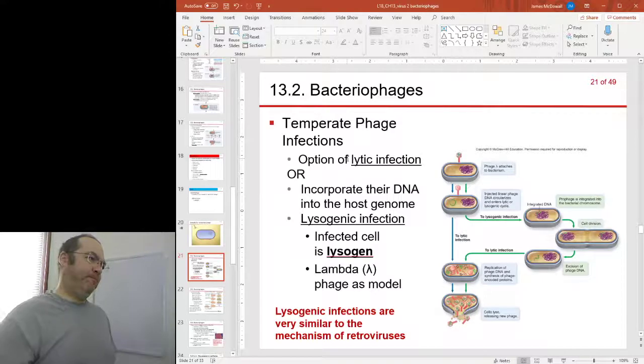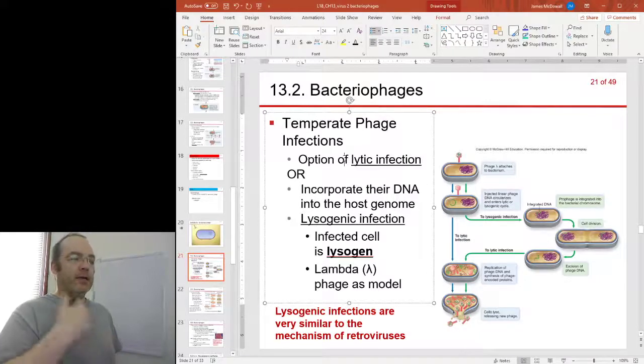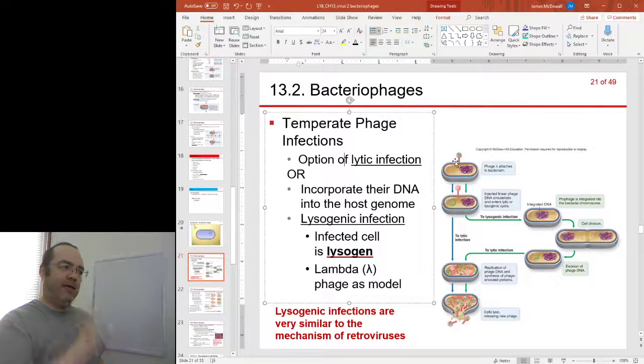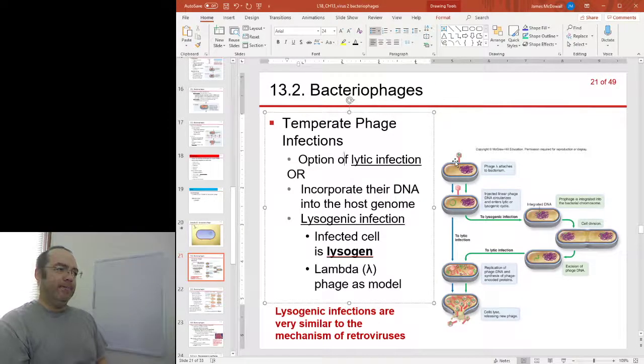Temperate phages, also known as lysogenic. So when the virus first encounters the bacteria, it'll attach and inject its genome, and then the virus has kind of two options. What triggers these options is probably a lot of complex environmental factors.